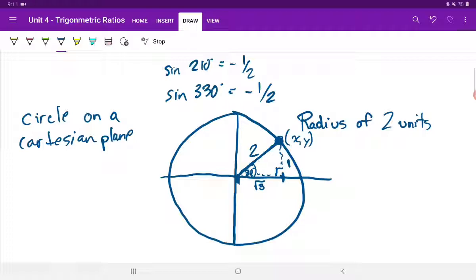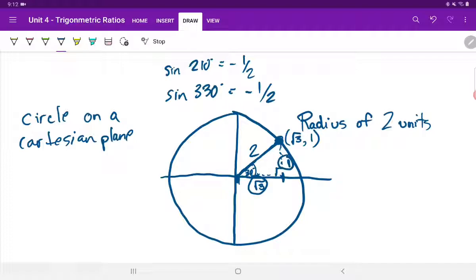So if I wanted to write out the coordinate, then it's no longer just x and y. I can write it as square root of 3, comma 1. That's because of the horizontal distance here and the vertical distance there.